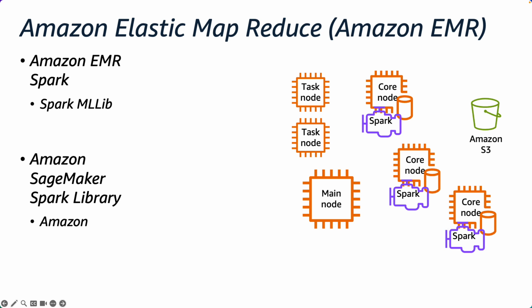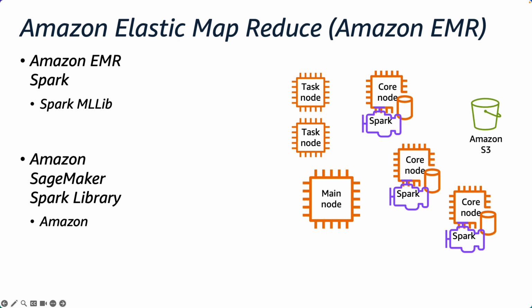Let's talk about Amazon EMR, which is a managed service for processing large-scale data using distributed compute. It supports Apache Spark, Apache Hadoop, Apache HBase, and Presto, which are all open source projects that deal with distributed processing and MapReduce type operations.